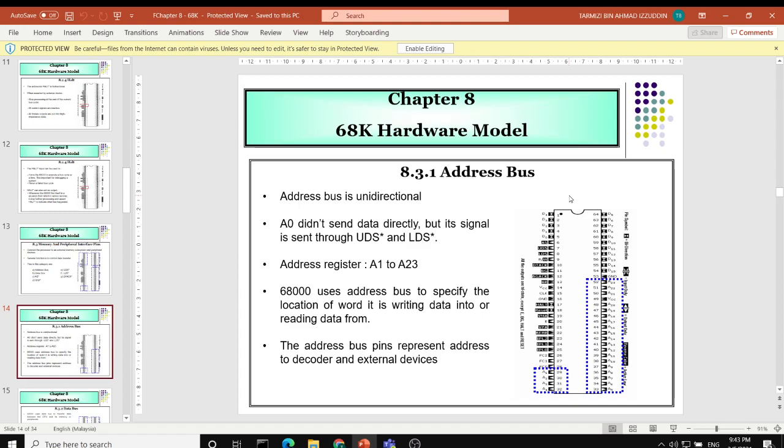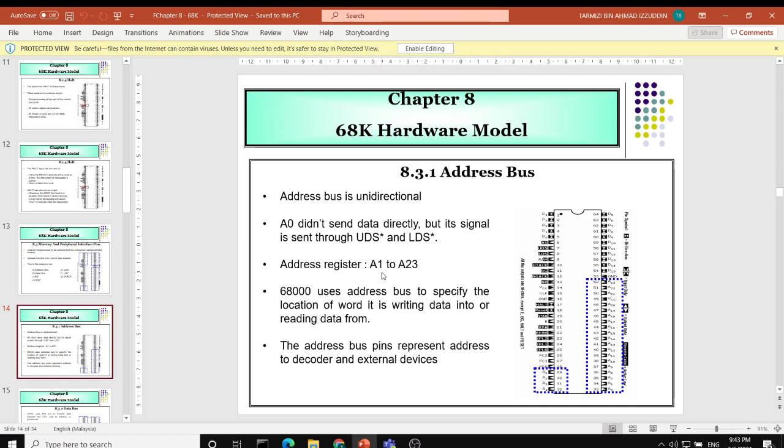A0 does not send data directly, but a signal is sent to UDS and LDS. You will look at later on why A0 is not used to send data directly. Instead, it is used to denote whether to write on the odd or even addresses.